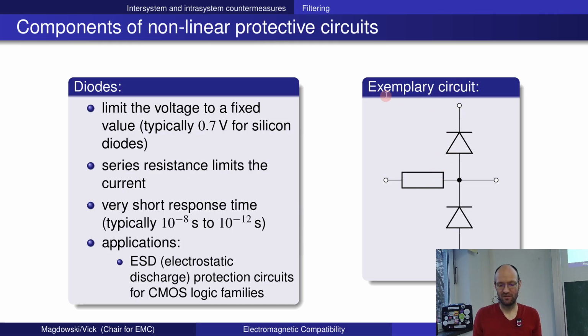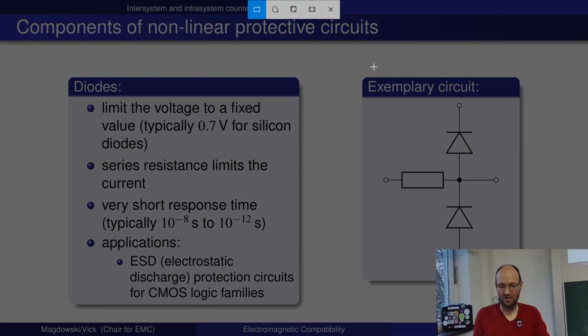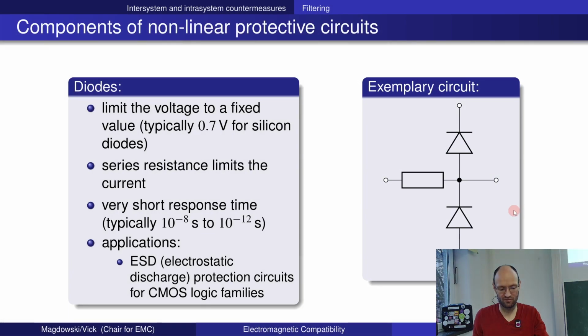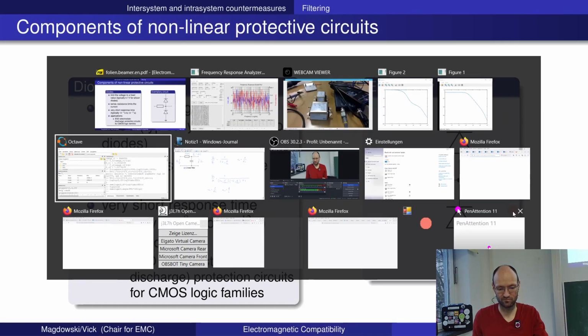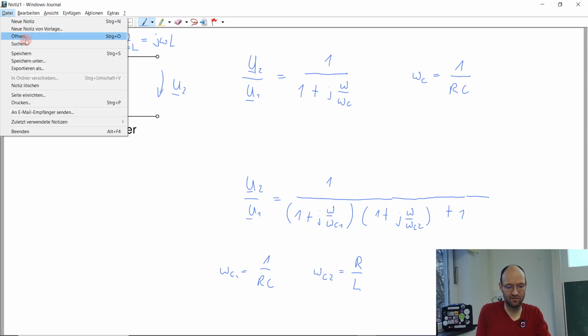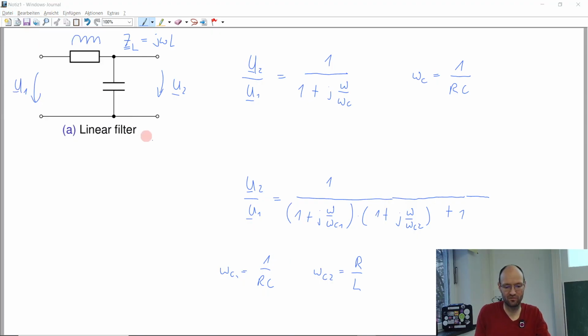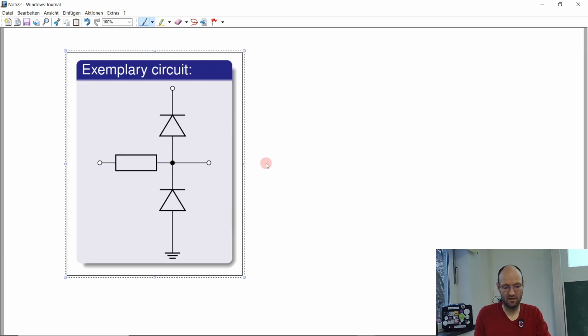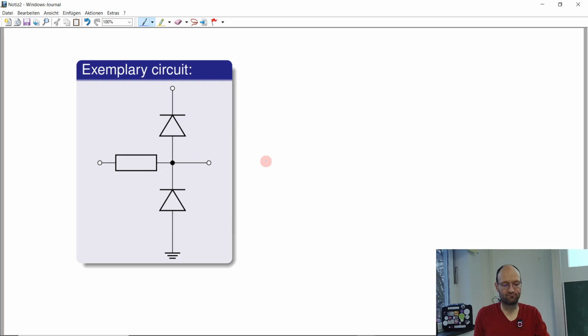Okay, so then the question that might be discussed here is, and let me copy this to paste it into a drawing program, how does this circuit work? Here's already the picture open from the linear filter. Or what does the circuit do?